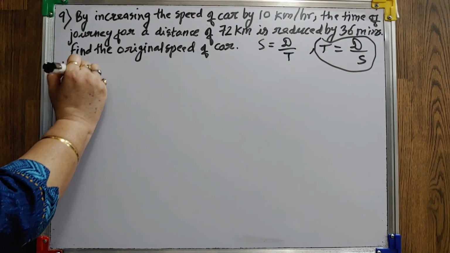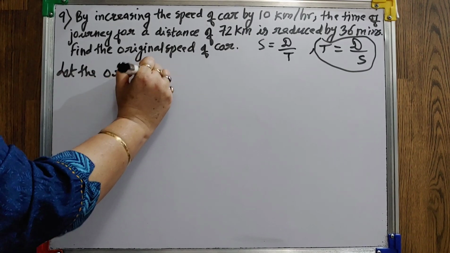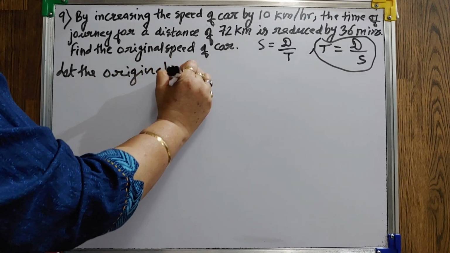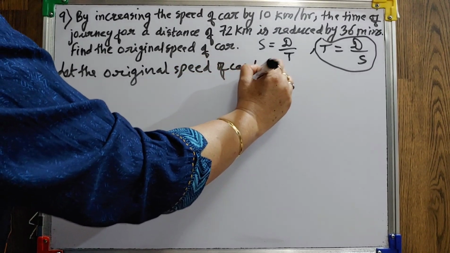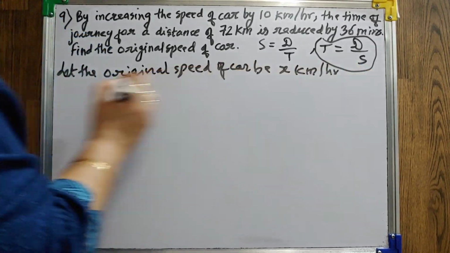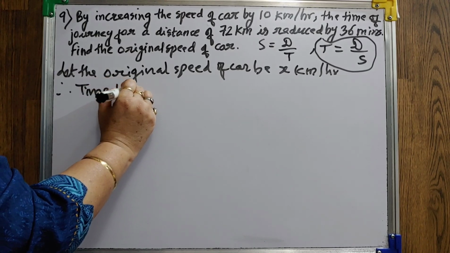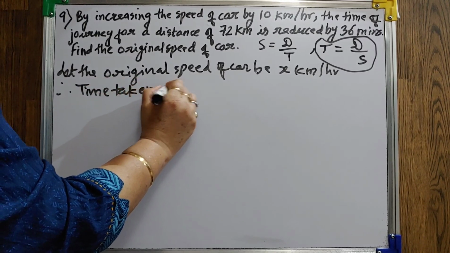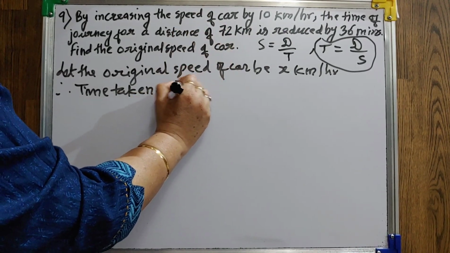Now, let the original speed of the car be x km per hour. Therefore, time taken will be distance upon speed. Distance is 72.